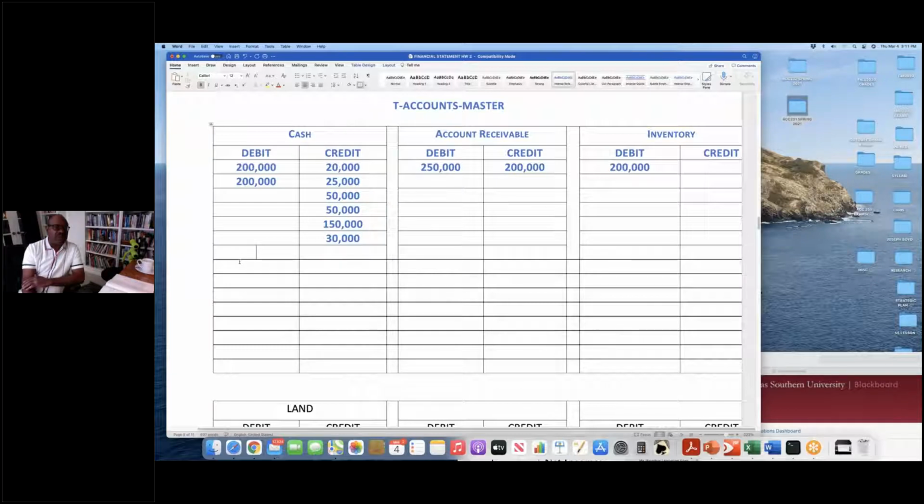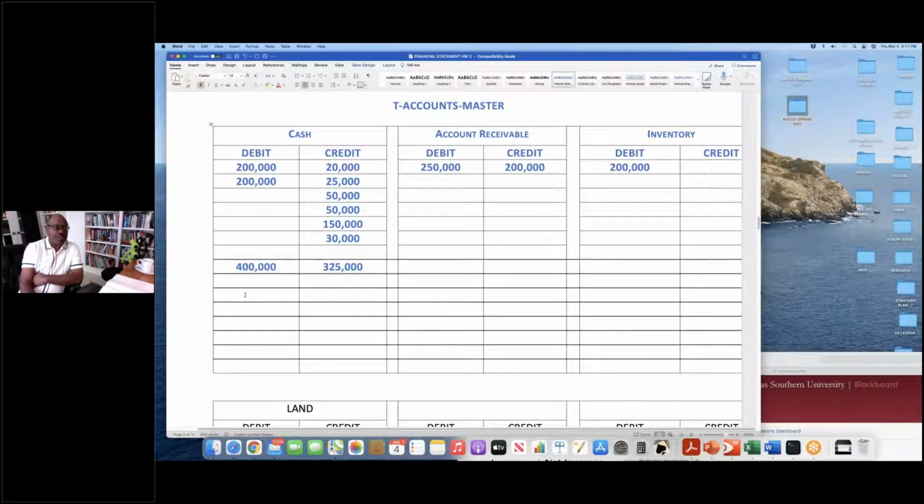What are your credits? 315,000. It's 325. Yeah, I got my numbers wrong because I did one of my journal entries wrong. I was just saying it's 325 so you don't add it up later on.